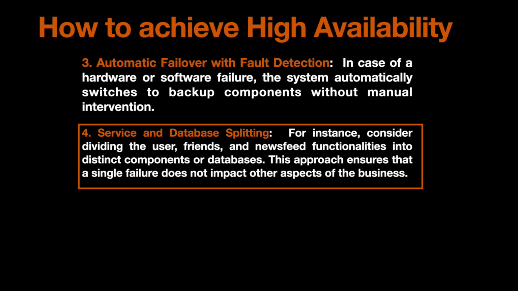If for some reason that database is not working, then all of our business parts will fail, right? But if we distribute the functionalities and keep the database for user in a separate server or separate database, and likewise for friends and newsfeed, then if one database does not work, the other 2 business entities can still work properly. So that is the concept here.